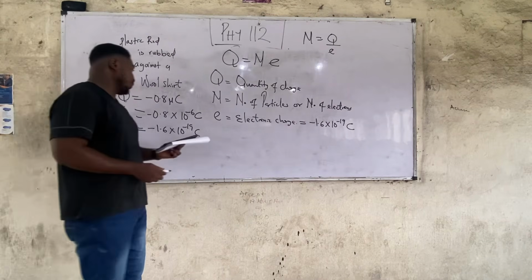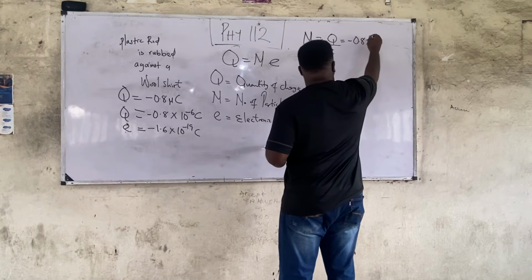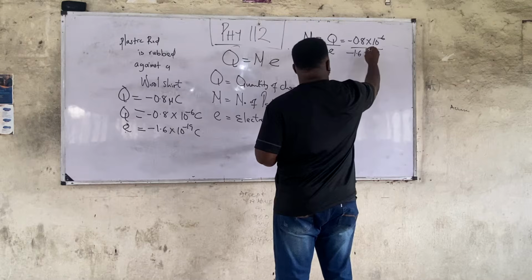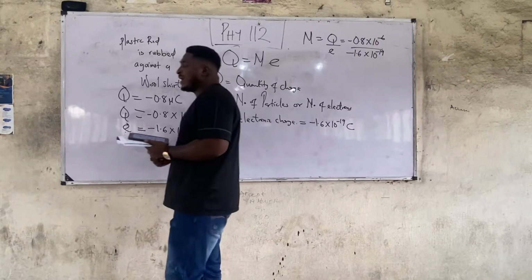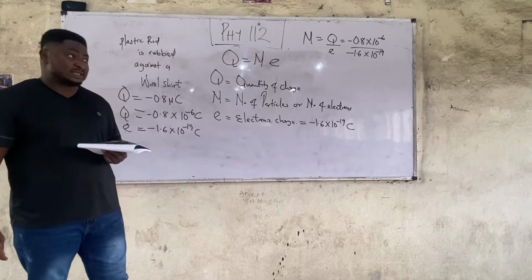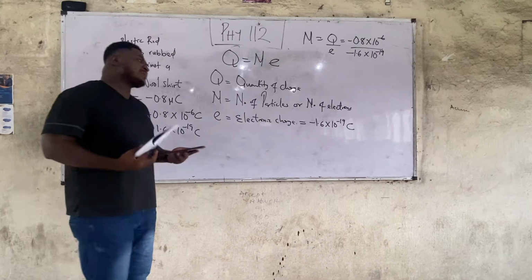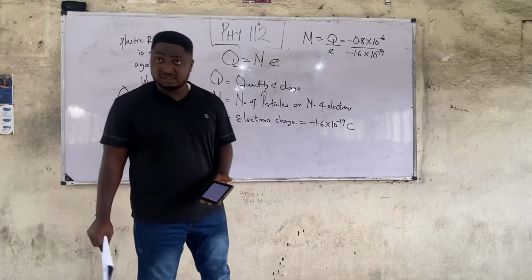And what's our Q? Minus 0.8 times 10 raised to minus 6, divided by e, minus 1.6 times 10 raised to minus 19. Class, let me now tell you something. Someone should be asking me, why do we have this minus in the electronic charge? Well, I deal with electrons, and electrons are negatively charged.